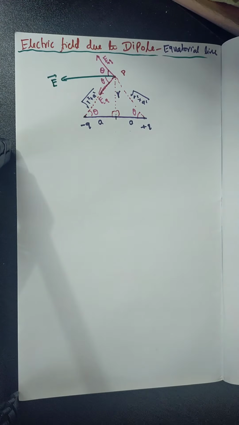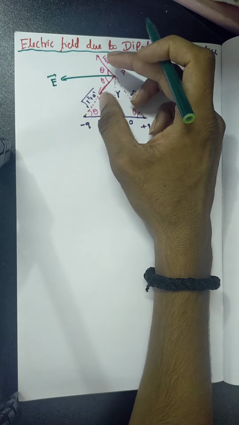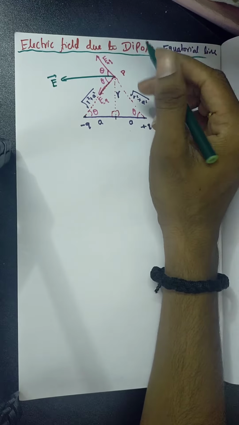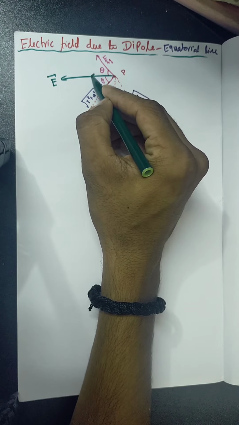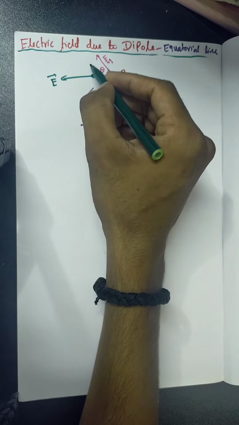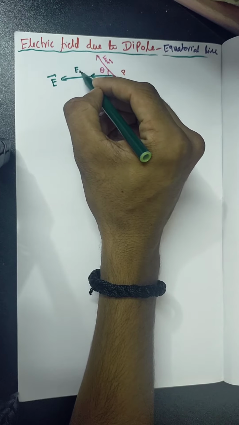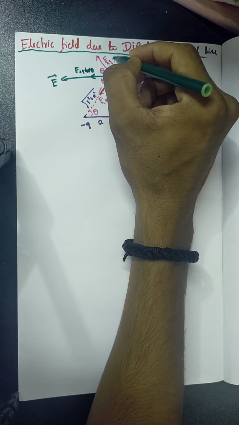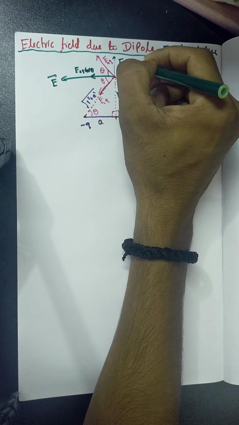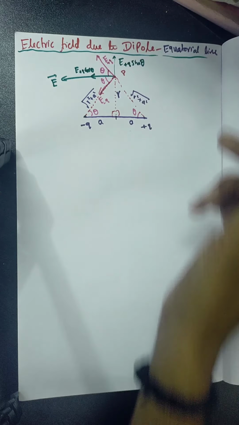Now I will resolve these two electric fields, E plus Q and E minus Q, into two components. E plus Q can be resolved into two components. One is the horizontal component of E plus Q, that is E plus Q cos theta. Another is the vertical component of E plus Q, that is E plus Q sin theta.